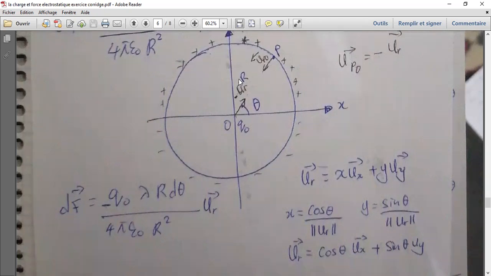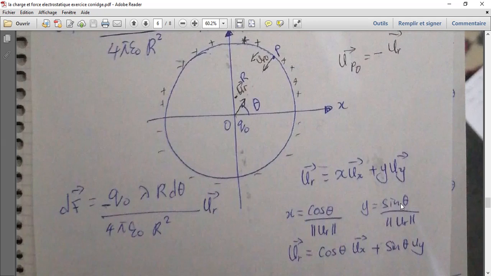The square root of a unit vector is always equal to 1. That's why X over 1 is just the same as X. So X is equal to cos theta. Your X will represent cos theta. And here also, your UR must be down, Y divided by UR, and UR is just equal to 1 since it's a module. So Y is equal to sin theta.